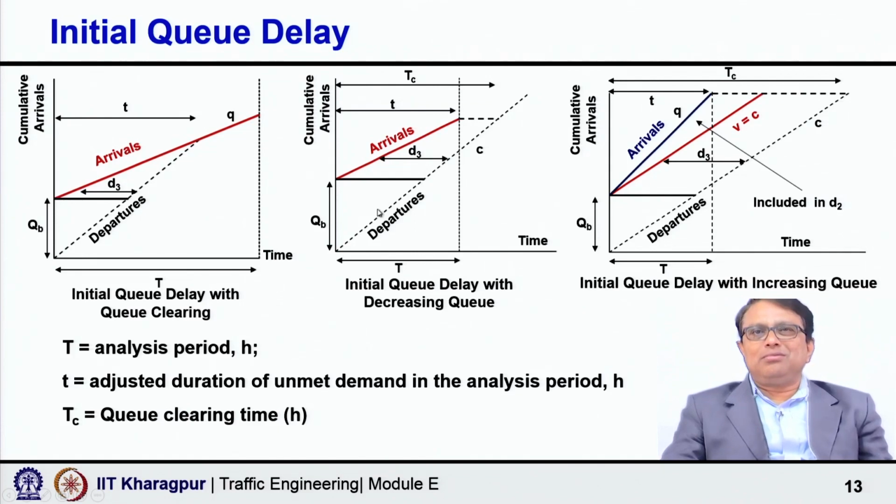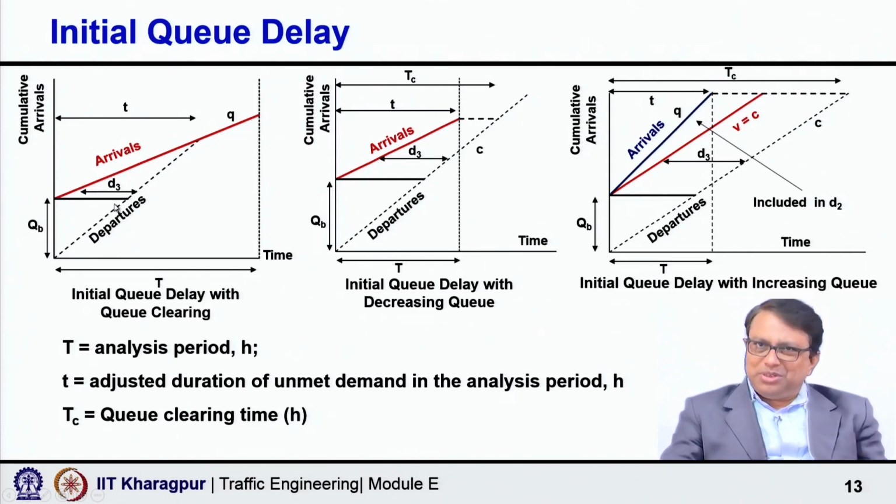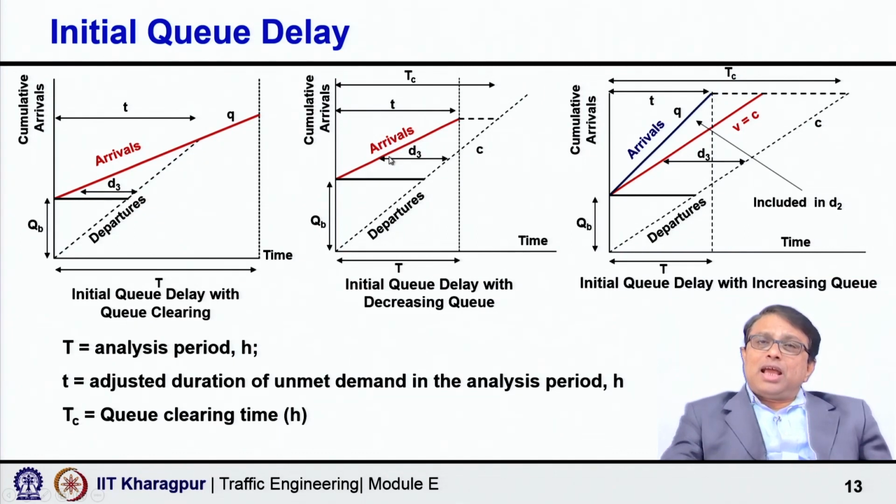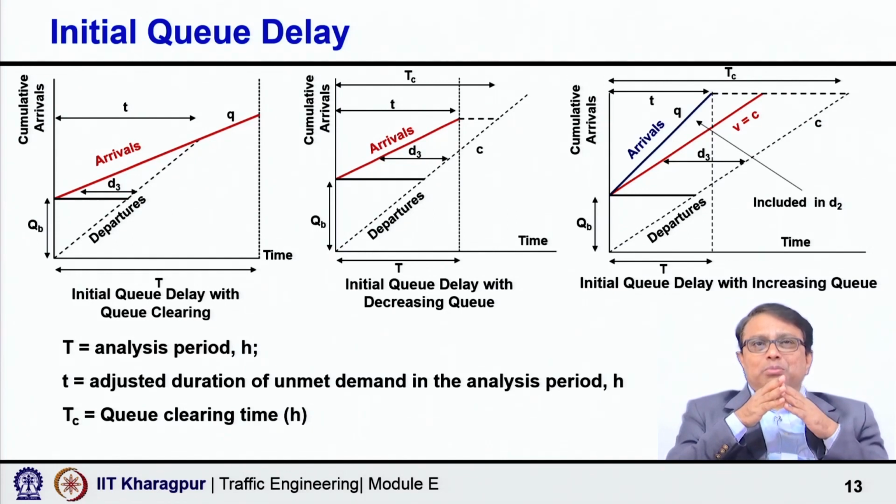The second one is not such a happy situation, somewhat different. Here again we start with Q b. So, obviously, there will be delay, but the arrival and the departure rate during this analysis period is such that they are not meeting, but also not that they are simply parallel.